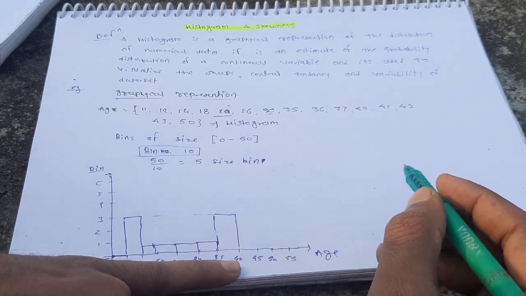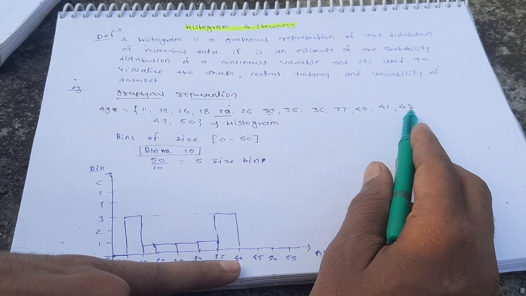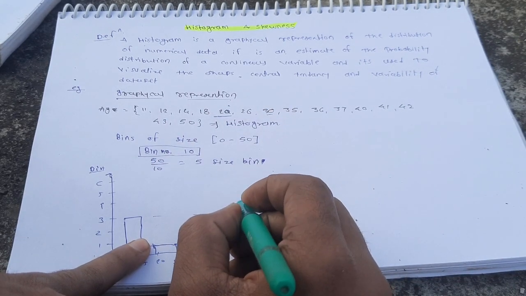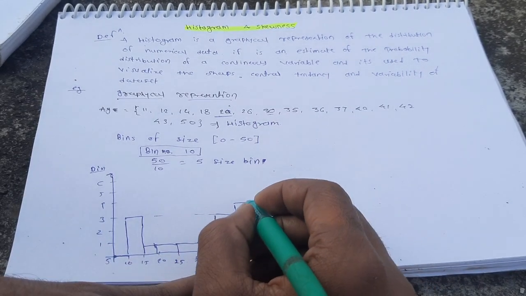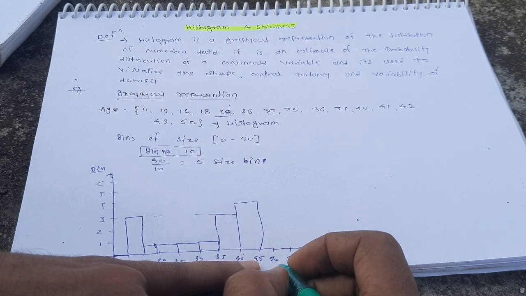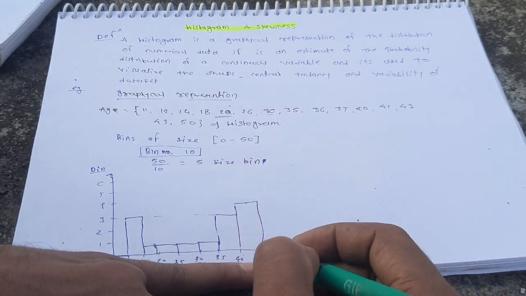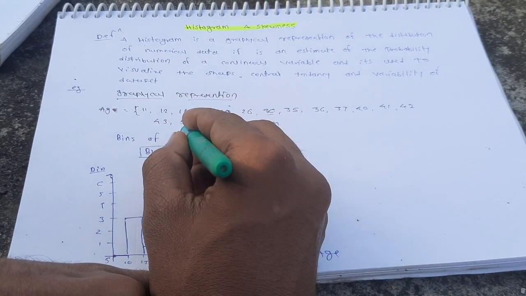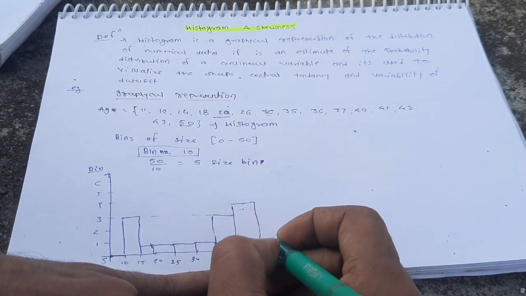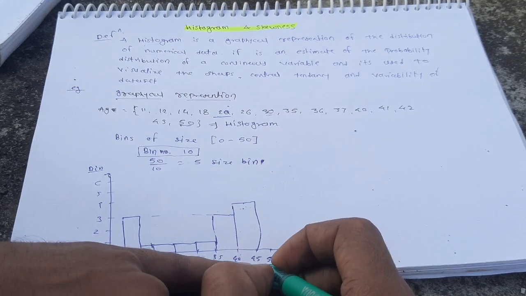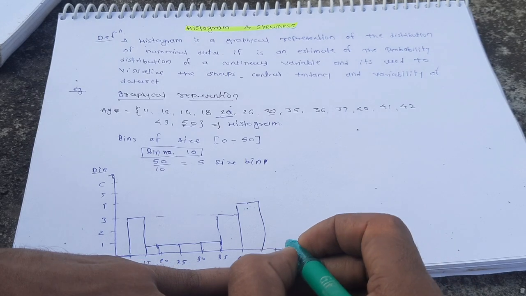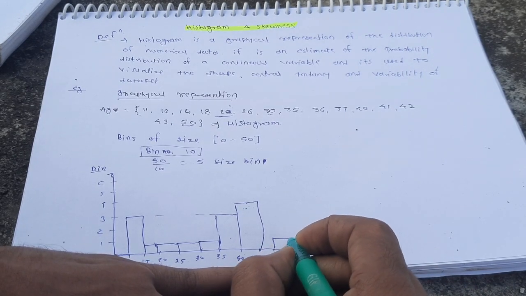Between 40 to 45 there are 4 values, and 45 to 50 has no value. Then 50 to 55 has one value, which is 50.